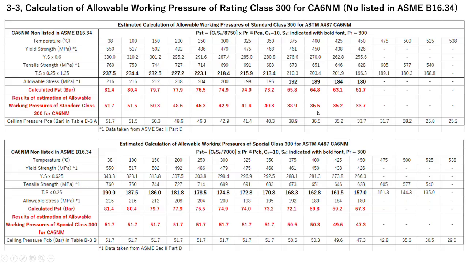So assign this number here for the allowable working pressure for standard class 300 for material CA6NM. So we complete the rating table for the standard class 300 for CA6NM. This number is indicated.